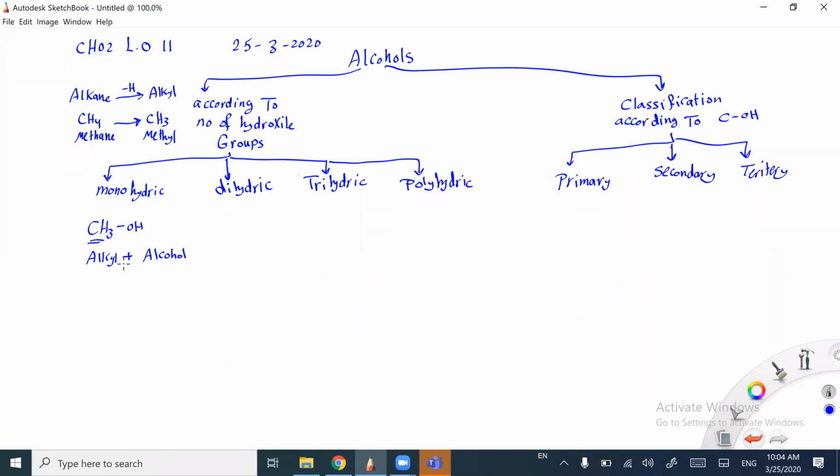So the name of CH3OH will be methyl alcohol. According to the IUPAC system, we'll take the alkyl plus ol.